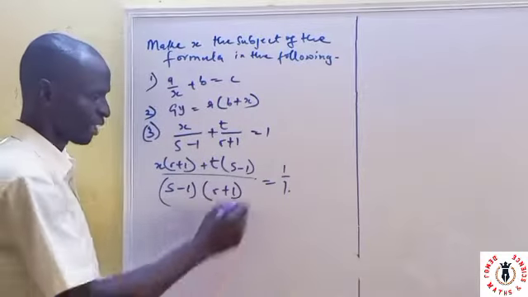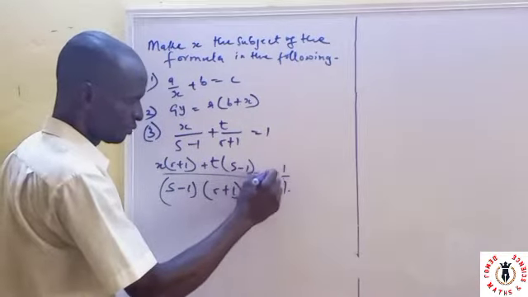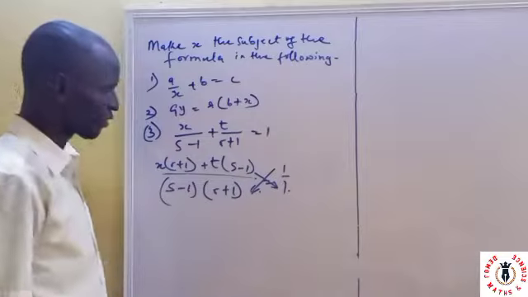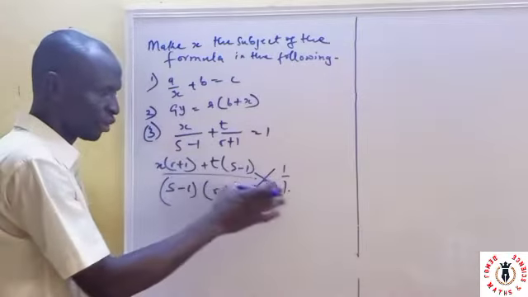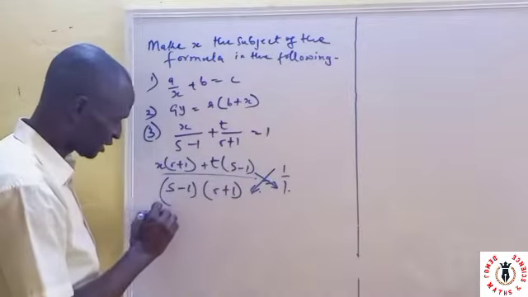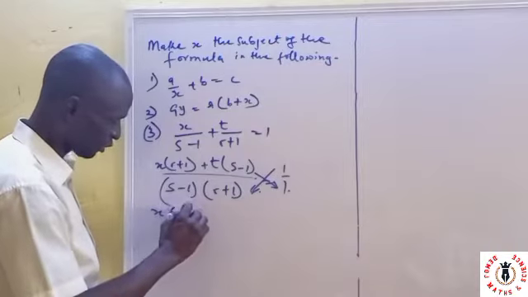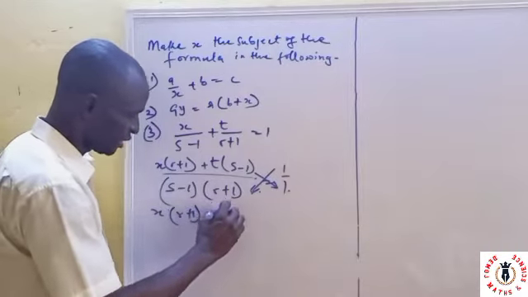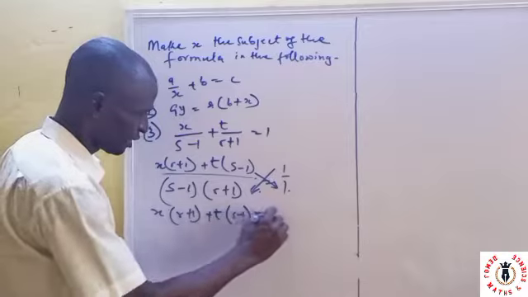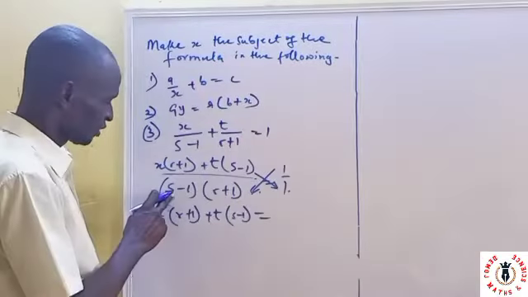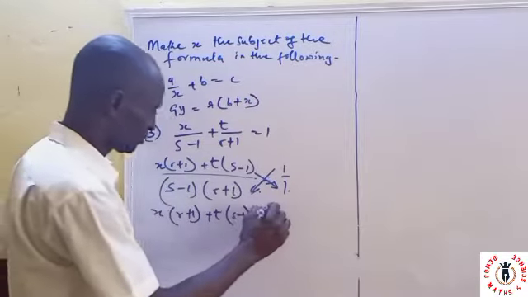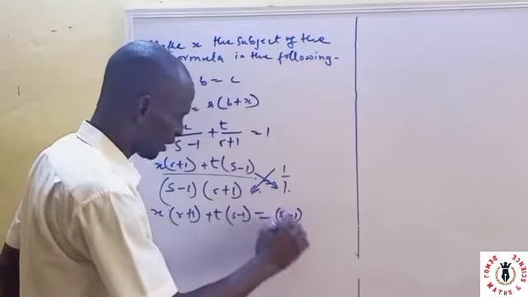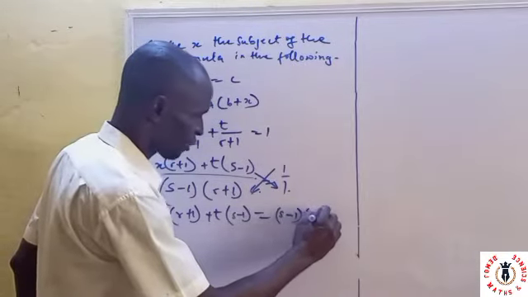Then let's cross multiply. If I cross multiply the numerator with 1 here, it becomes x into r plus 1 plus t into s minus 1 equals s minus 1 into r plus 1.